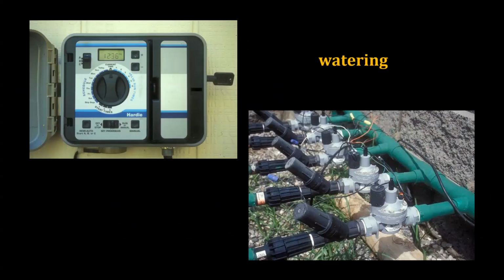Watering. Most of our succulents need infrequent watering. So if you have an irrigation system and you have a valve, maybe you've got a little bit of turf and you have a valve for that, and you might have a valve for your desert perennials, a valve for your desert shrubs, another one for your desert trees. What you can do is figure out a compatible valve for your succulents.